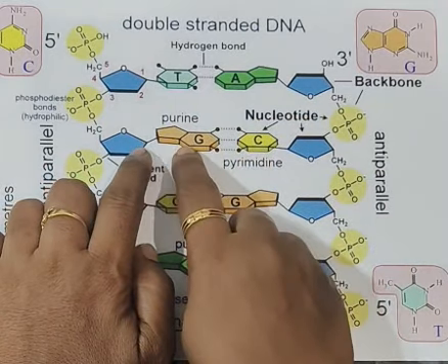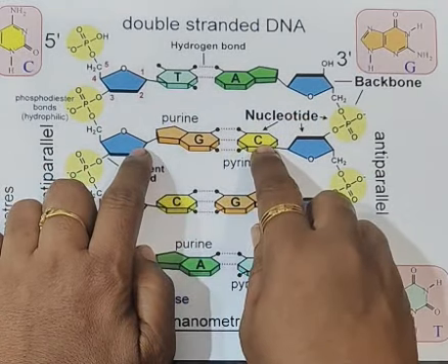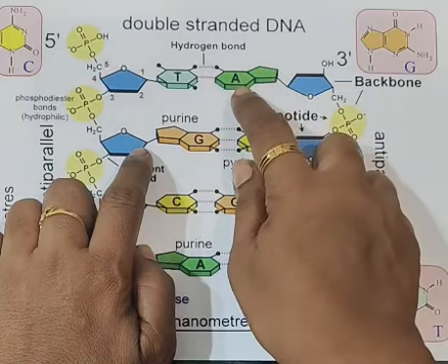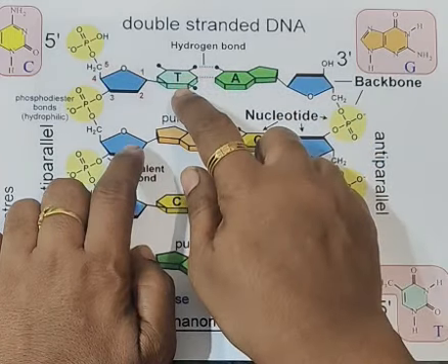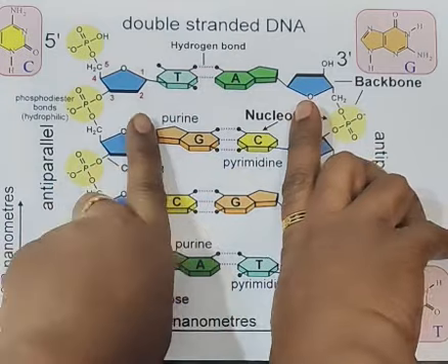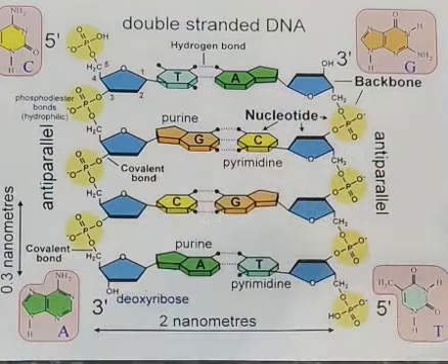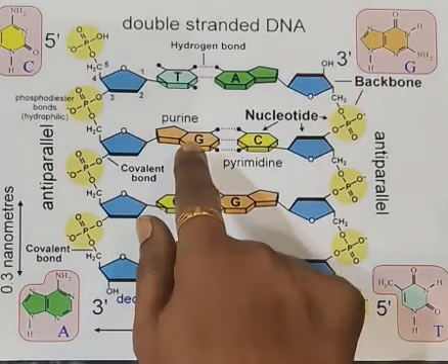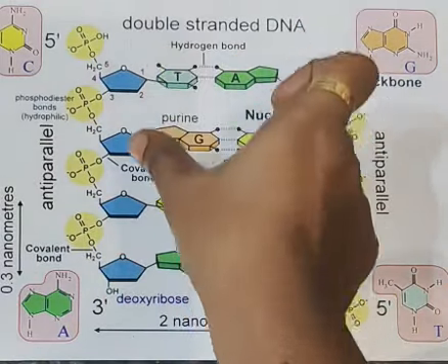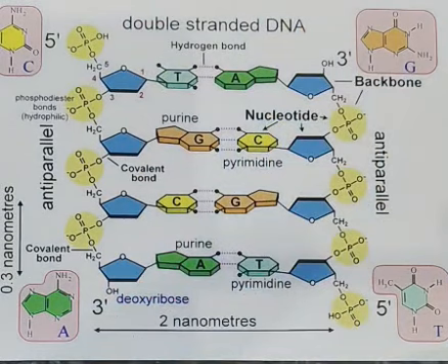If you see, purine has 2 rings and pyrimidine has only 1 ring. And here 2 rings of purine and 1 ring of pyrimidine. So there is only enough space between the two strands that only 3 rings can fit in. And because of this, you get the uniform distance.